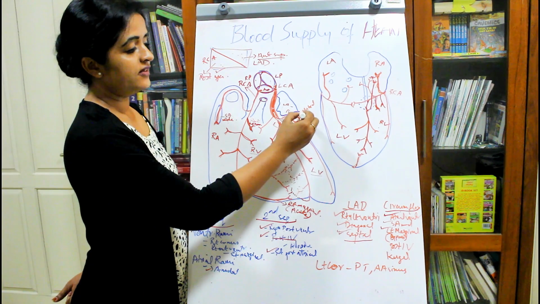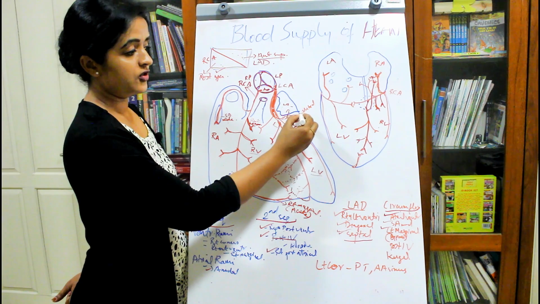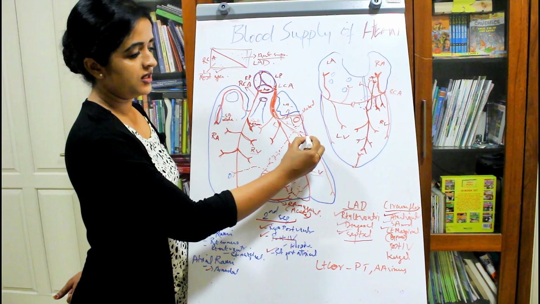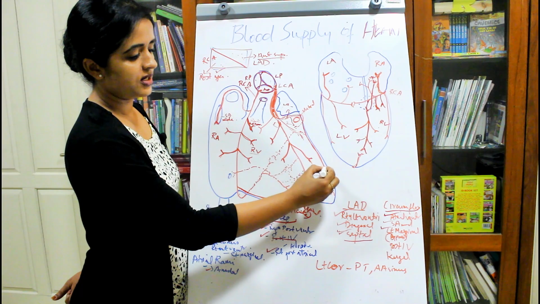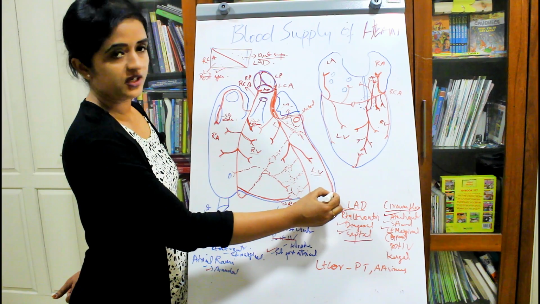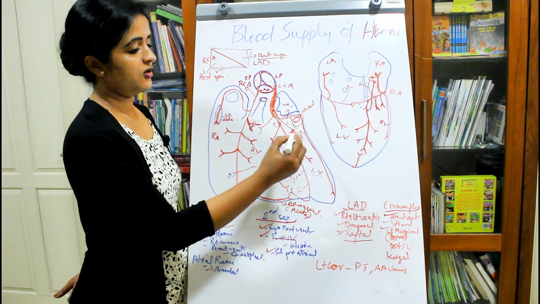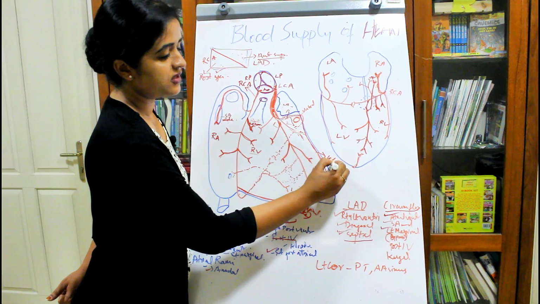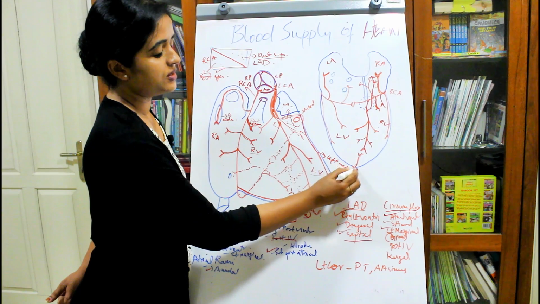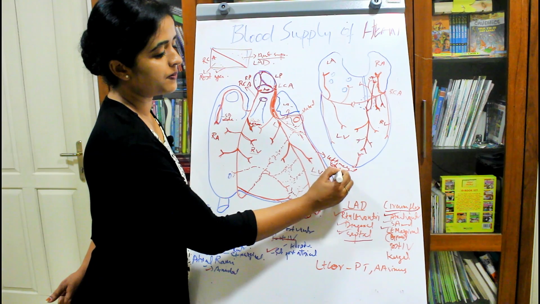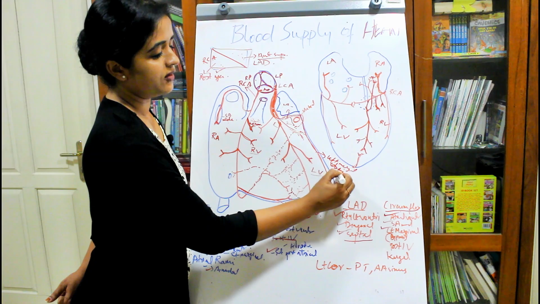Likewise, you have the left marginal artery arising from the left circumflex and running along the left border of the heart. It is otherwise known as the obtuse marginal artery.